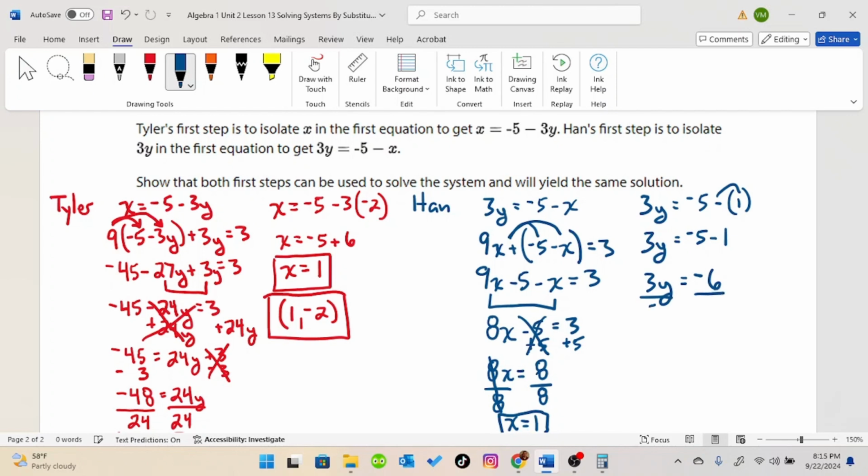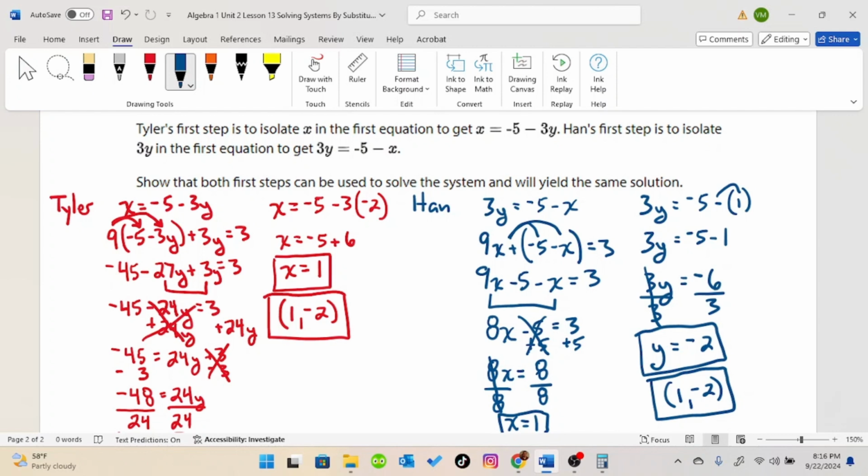Divide both sides by 3 to get rid of it on the left. And y equals negative 2. So our final solution is 1, negative 2. This is the point where the lines will cross on a coordinate plane. And it is the exact same answer that we got using Tyler's method.